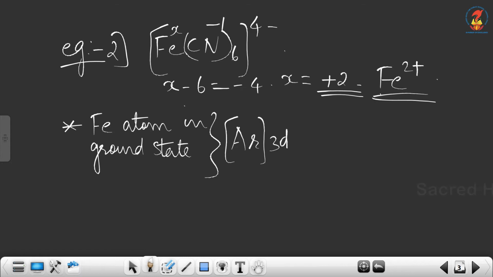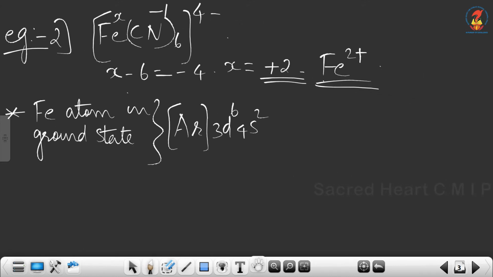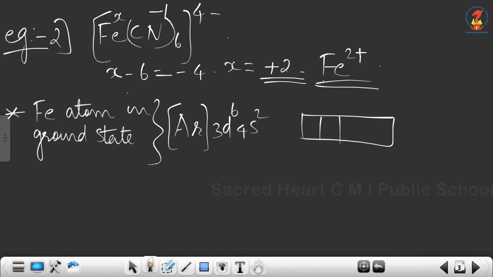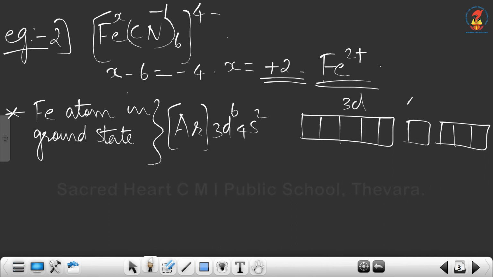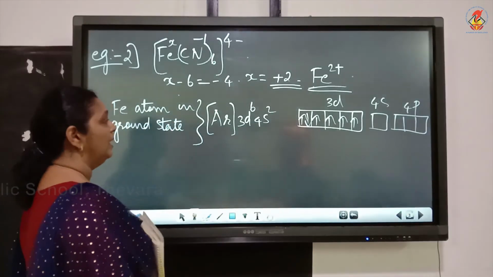Argon 3d6 4s2. Now draw the orbital diagram: 3d, 4s, 4p. With 3d6, one electron will enter each orbital first, after that pairing takes place. This is 3d6 and 4s2.